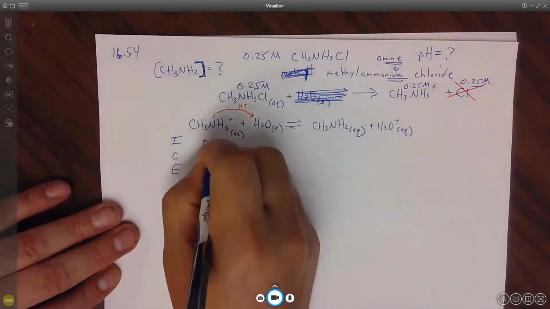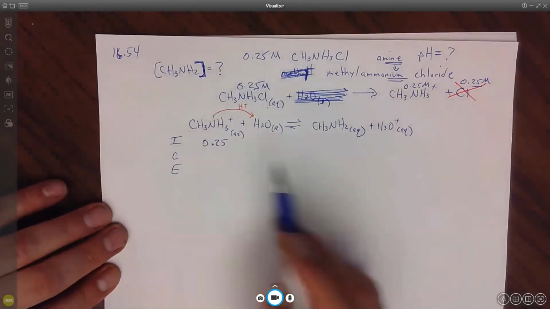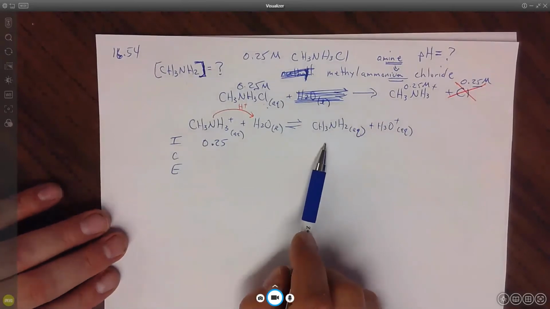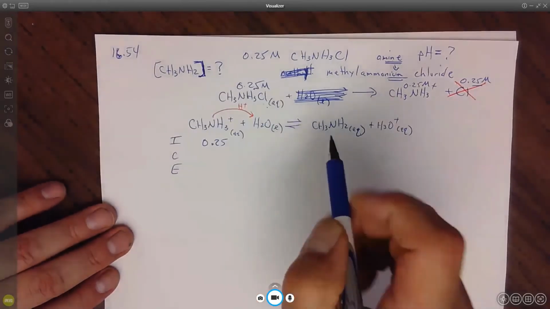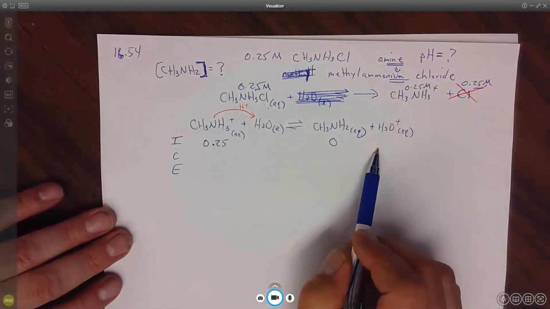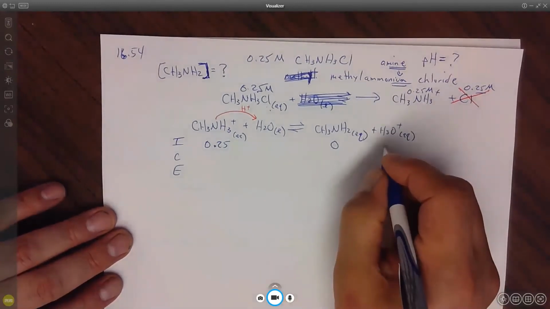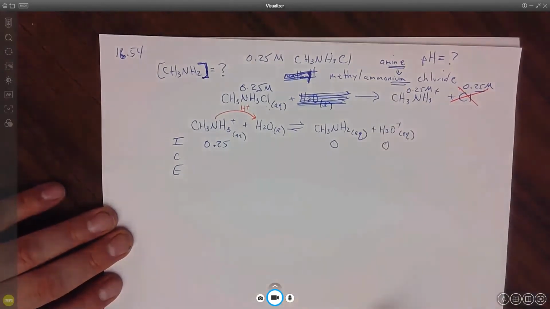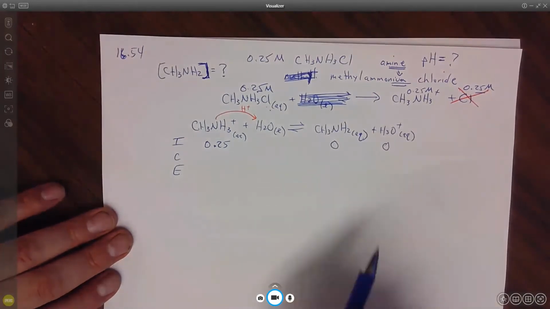Okay, let's go through them and finish the table. What's this going to be then? 0. We assume pure water. And the hydronium? We negate the hydrolysis of water, so 0 as well. The self-ionization of water is so small that we'll just assume it's 0.